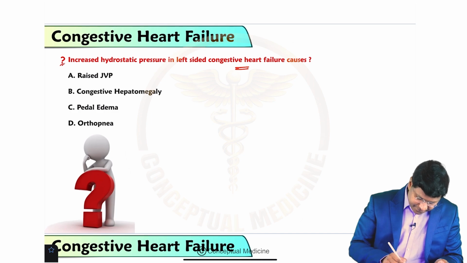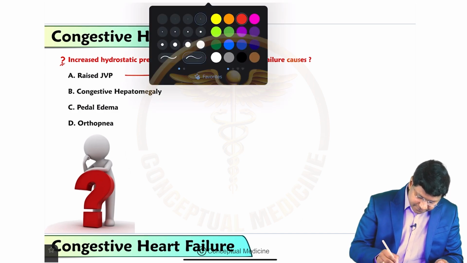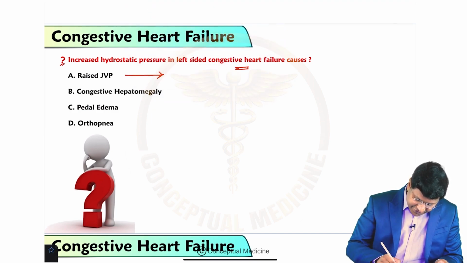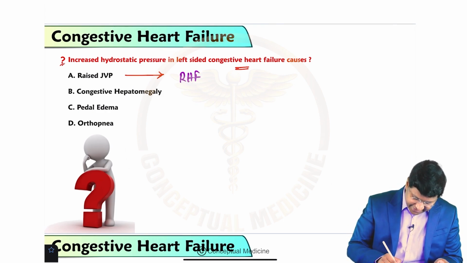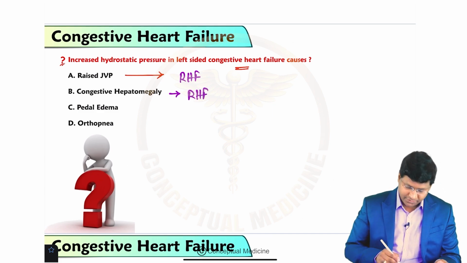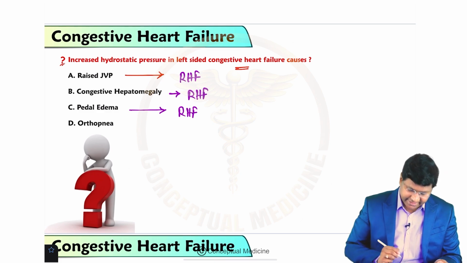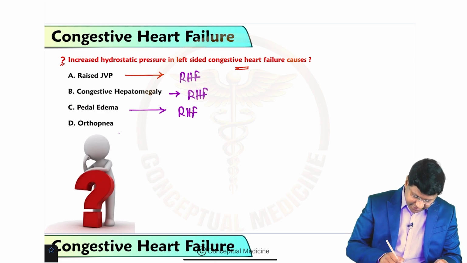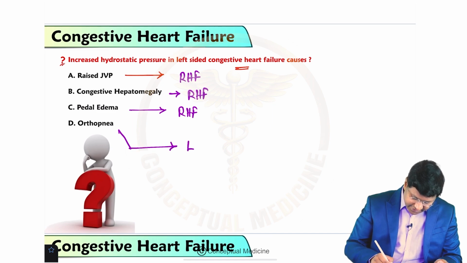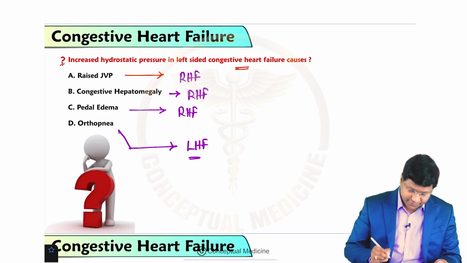Raised JVP is a feature of right heart failure. Congestive hepatomegaly is also a feature of right heart failure. Pedal edema is also a feature of right heart failure. But orthopnea is a feature of left heart failure.